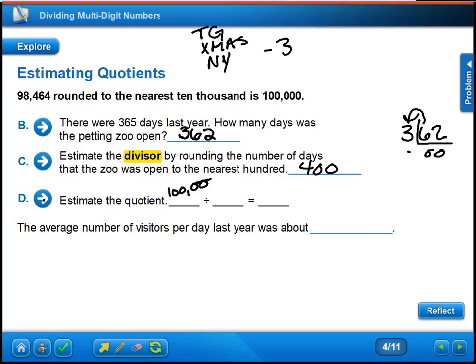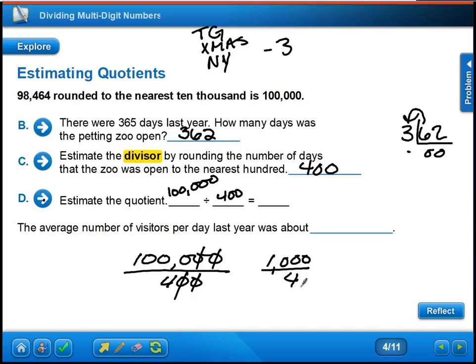So I have 100,000 divided by 400. Now what I like to do when I have these large numbers that end with so many zeros is write it in fraction form and use my little tricks. I know that for every 0 in my divisor, I can take a 0 out of my dividend. So my problem actually becomes 1,000 divided by 4.